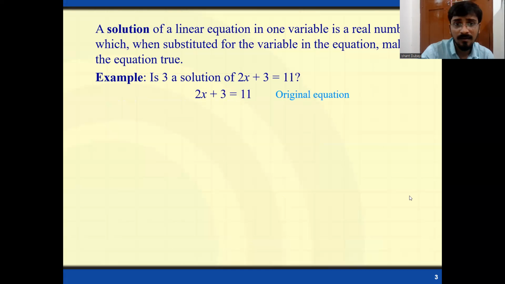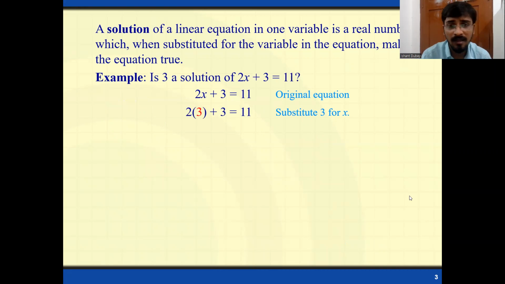Okay, so let's see. 2x plus 3 equals 11 is my linear equation in one variable, the original equation. Now I want to check whether x equals 3 is a solution. So in place of x we will put 3.